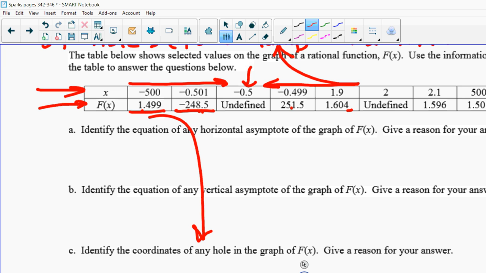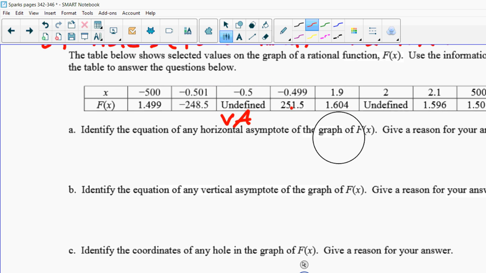So what does that tell us? We got a dang VA, right? We got a vertical asymptote. I think we just answered question B.